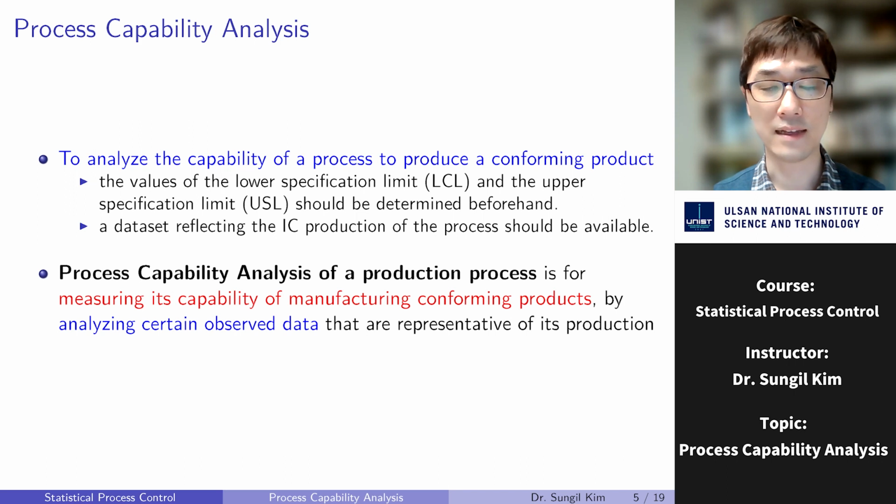And the data set reflecting the in-control production of the process should be available. So we can say that process capability analysis of a production process is for measuring its capability of manufacturing conforming product by analyzing certain observed data that are representative of its production.